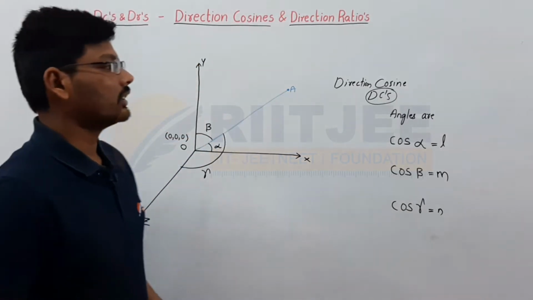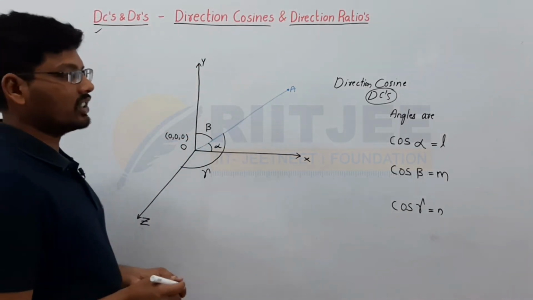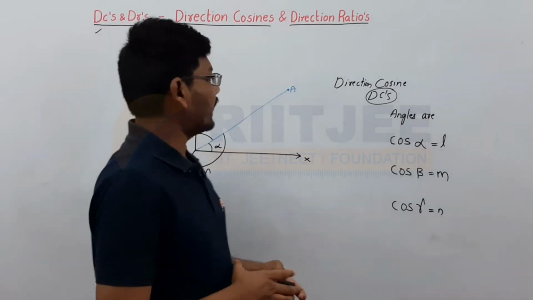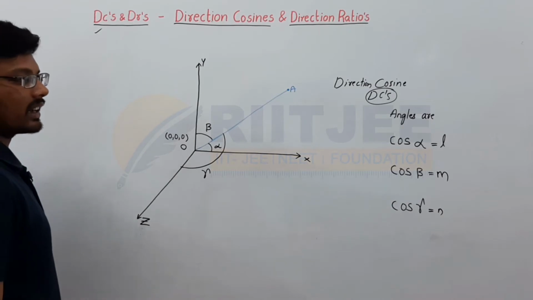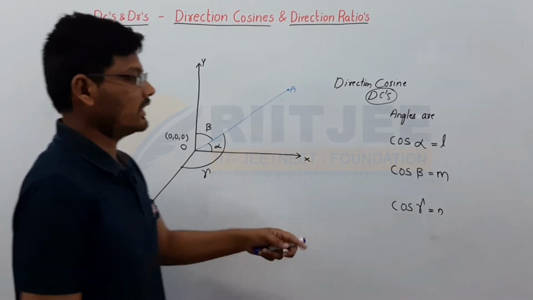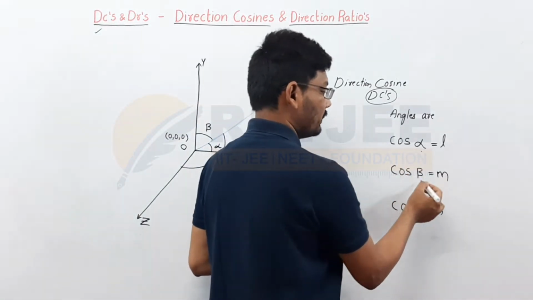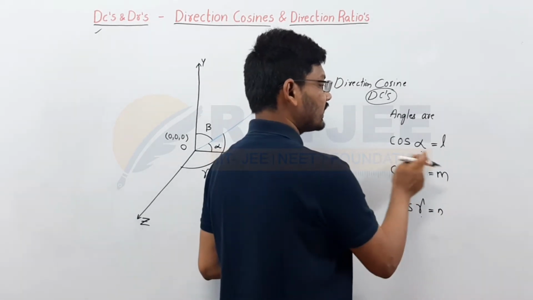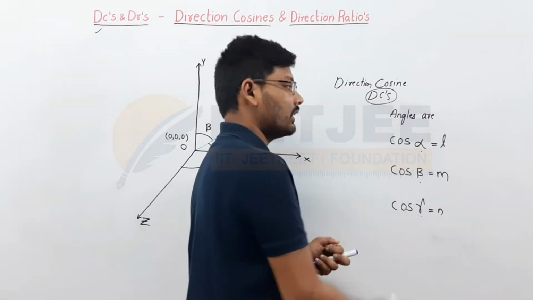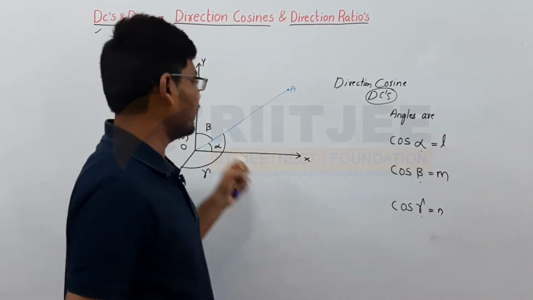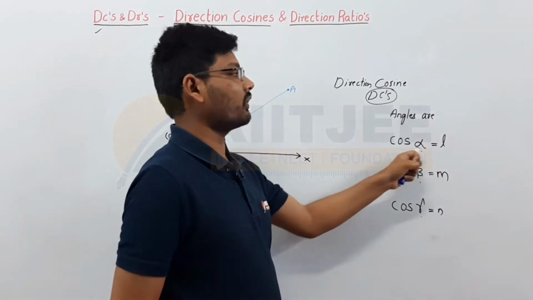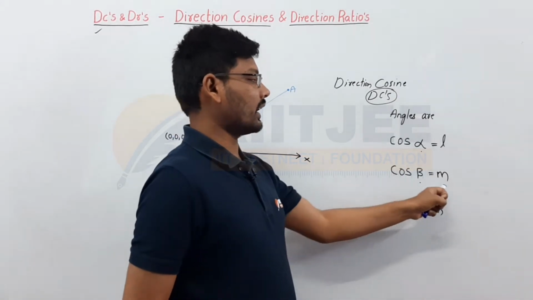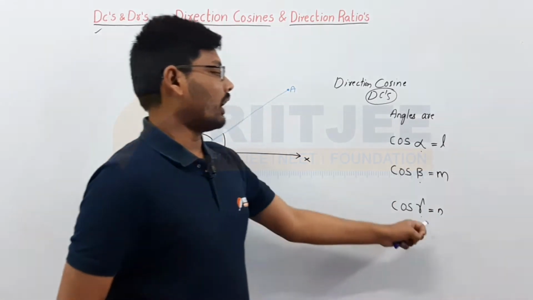Alpha, beta, gamma are angles, cos alpha, cos beta, cos gamma are the direction cosines of the line OA, and L, M, N represent cos alpha, cos beta and cos gamma respectively.